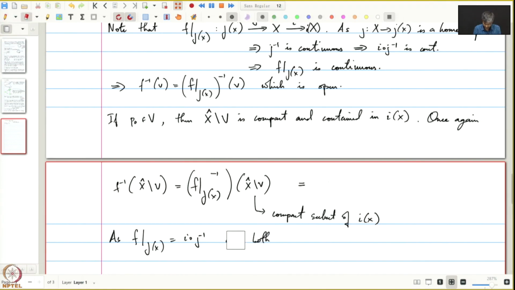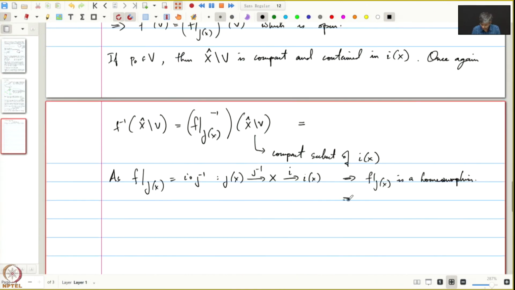So this is from J of X to X by J inverse, and this is to I of X, right? Both these are homeomorphisms, so this implies that F restricted to J of X is a homeomorphism, which implies that its inverse is continuous. We just need continuity.